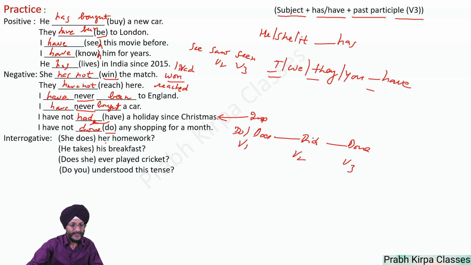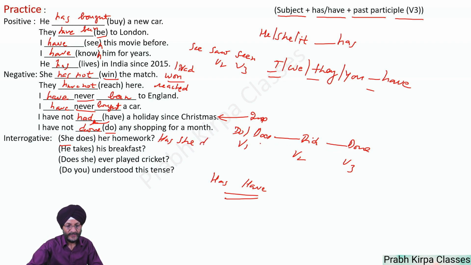Interrogative. She does her homework. As you know, in the case of an interrogative sentence, the question has to start with has or have on the basis of the subject, whether it is first person, second person, or third person. So here it is third person. So the question will start with has, she, does becomes done.